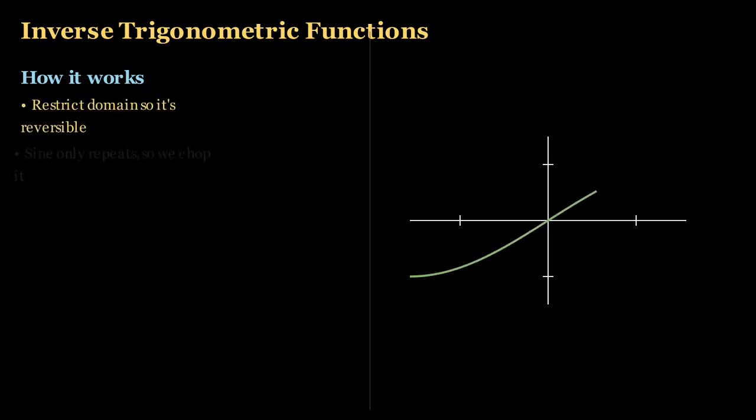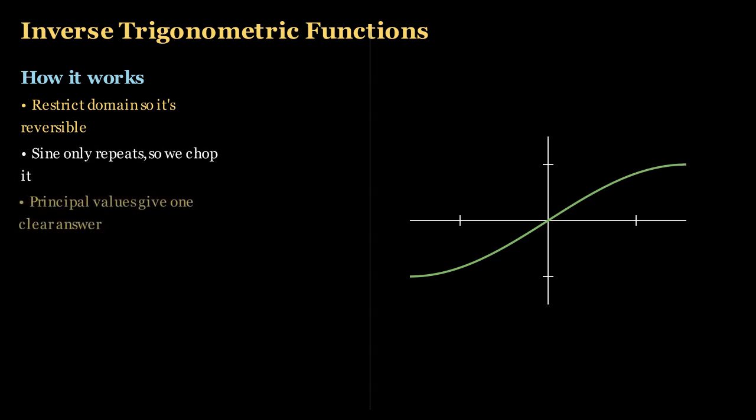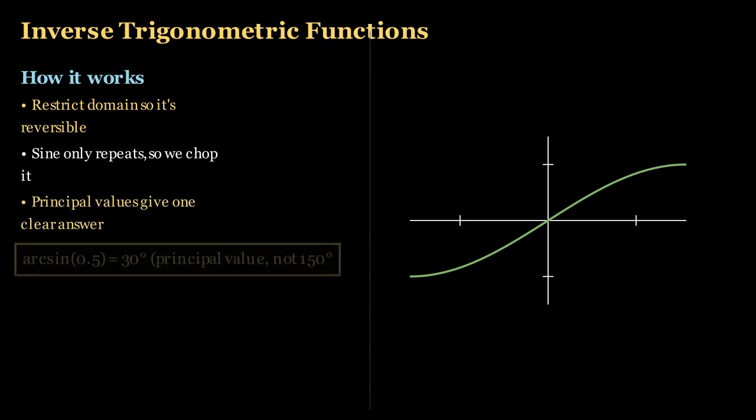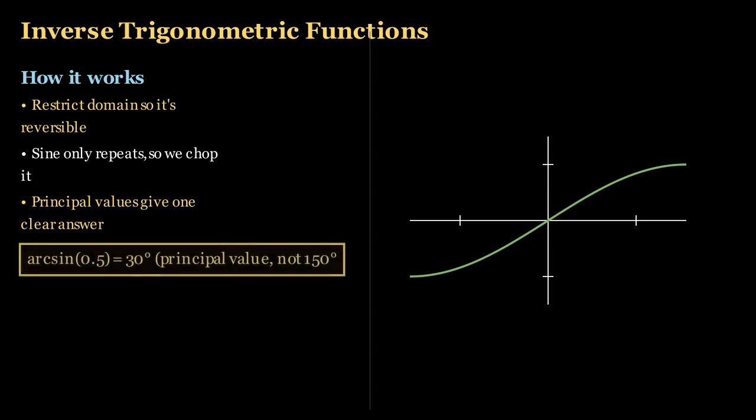For sine, we keep angles from -90 to +90 degrees, where it climbs steadily from -1 to 1. The angle we get back is called the principal value. For cosine, we use 0 to 180 degrees. For tangent, we use the open interval from -90 to 90 degrees. This chopping makes the inverse a true function, giving one clean answer.